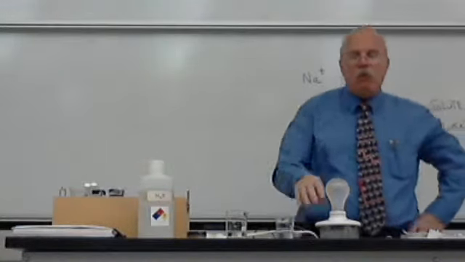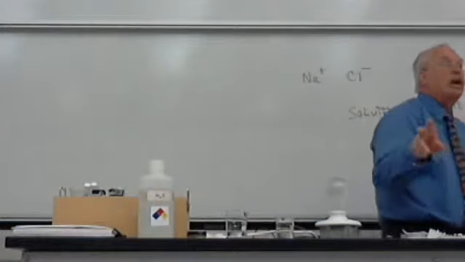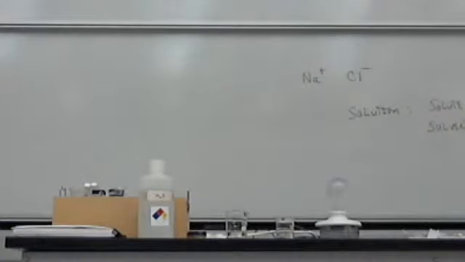Okay, we call substances that dissolve well in water and dissociate well in water electrolytes. If they do this really well, we call them strong electrolytes. If they do it, but they do it poorly, we call them weak electrolytes. I have a weak electrolyte with me.